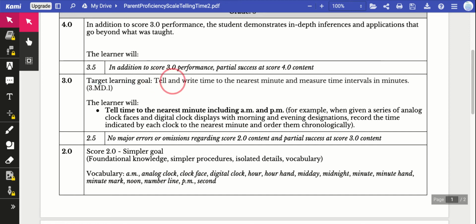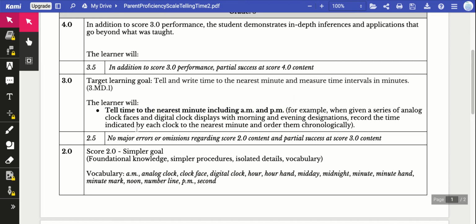So for this one, they have to tell and write time to the nearest minute and measure time intervals in minutes, all right? Now, that learning goal is pretty simple, not difficult to understand, okay? Very specifically, though, the learning target is written out, okay? The kids have to tell time to the nearest minute, including AM and PM, and then there is an example, right?